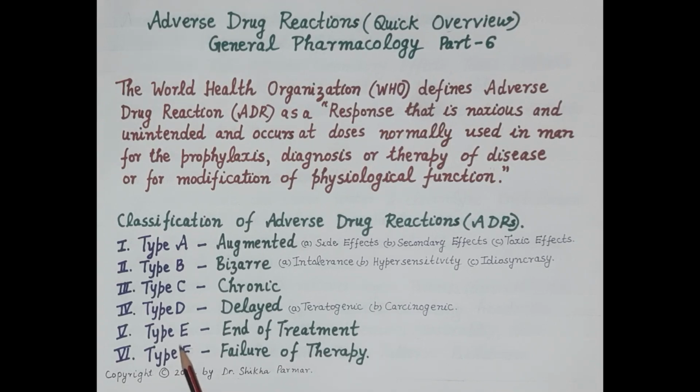Now, fifth type of adverse drug reactions are type E, and these usually occur at the end of treatment, that is when the drug is withdrawn or when the drug is stopped. Sixth type of adverse drug reactions are type F, and these adverse reactions are caused due to failure of therapy, that is, the therapy fails to give therapeutic effect. Now, let's discuss each one of these different categories of adverse drug reactions one by one.